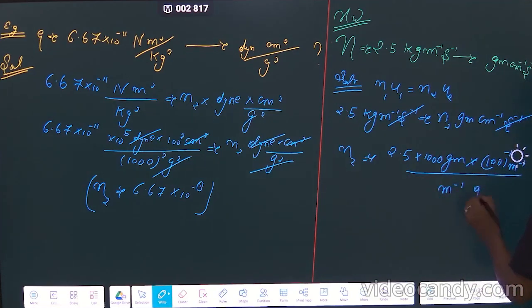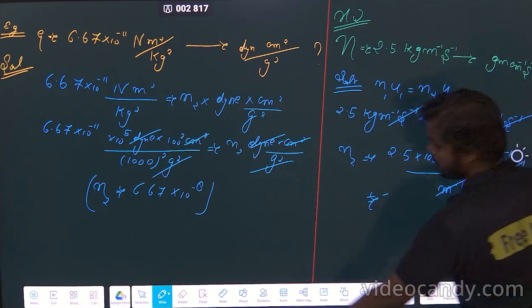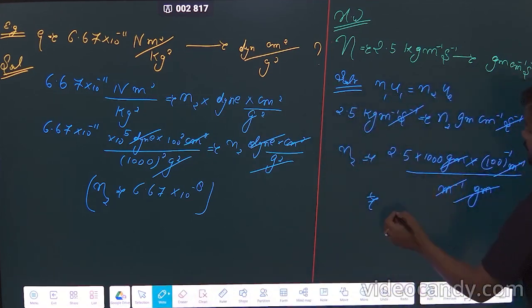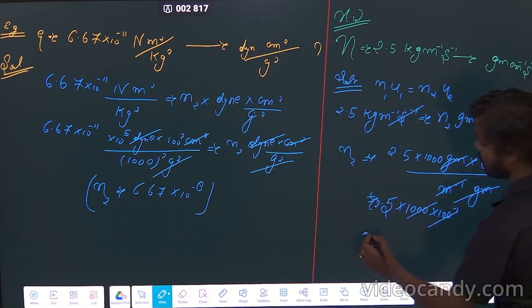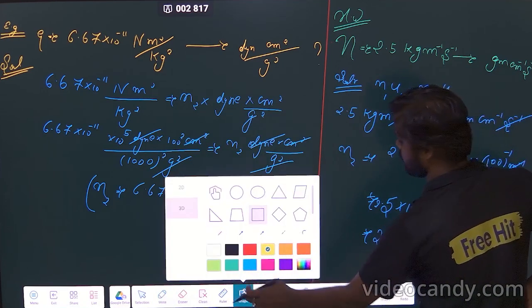Finally you get 2.5 into 100 to the power minus 1, so this 2 will be cancelled by this 2 and this will be 25.